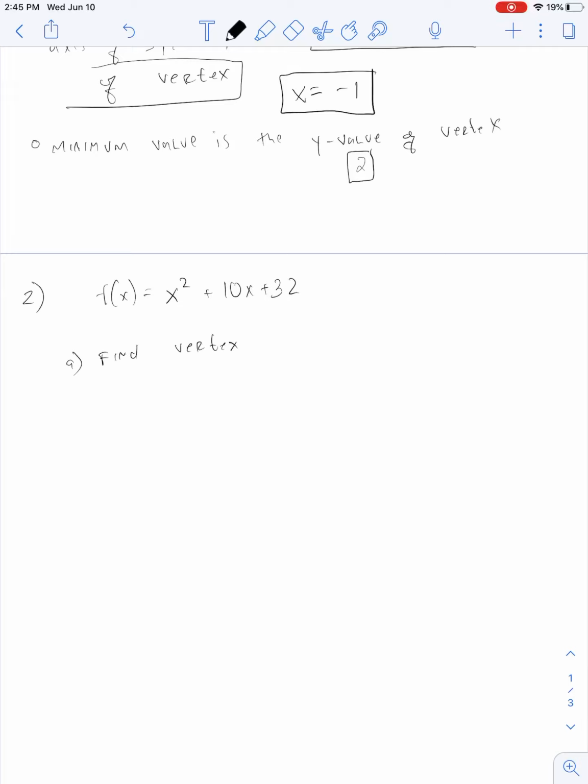All right, there's two options of finding the vertex. You can complete the square, which is shown on view an example. But another option is to find the x value first.